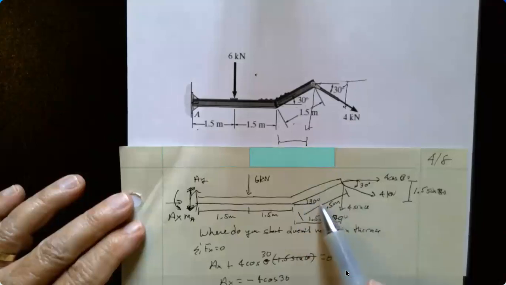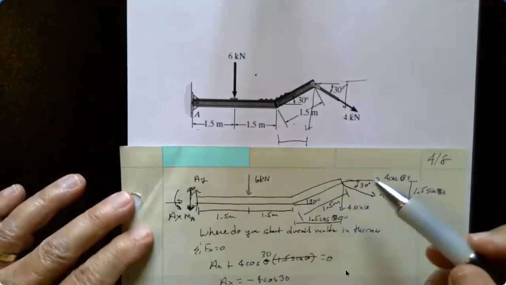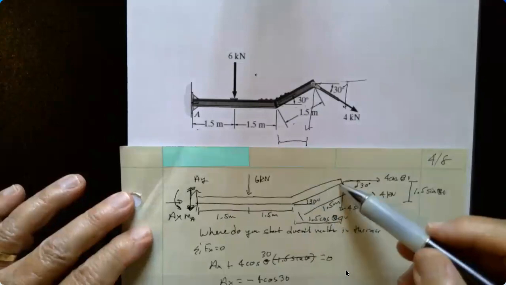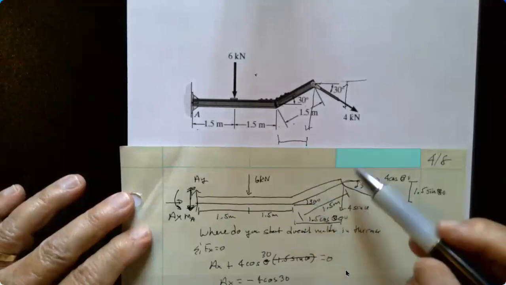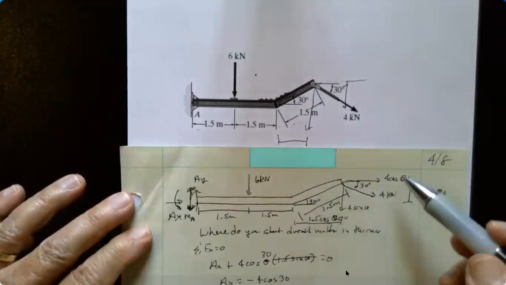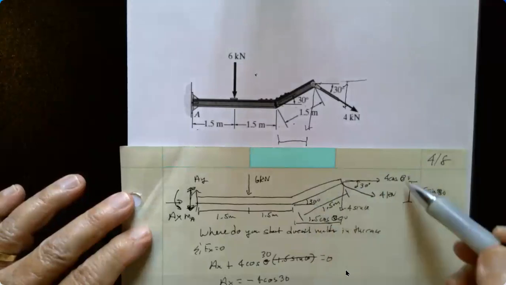Adjacent, so this dimension is 1.5 cosine of 30 degrees here. And this dimension, again, 30 degrees, it's 1.5 is opposite. So this dimension is going to be 1.5 sine of 30 degrees up to this X component that we have.